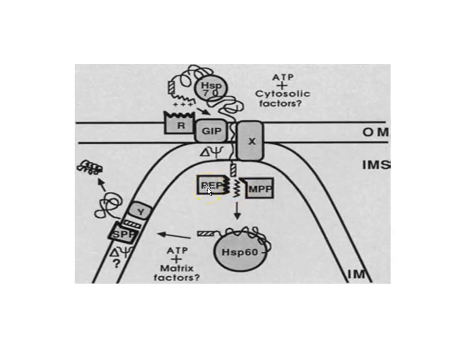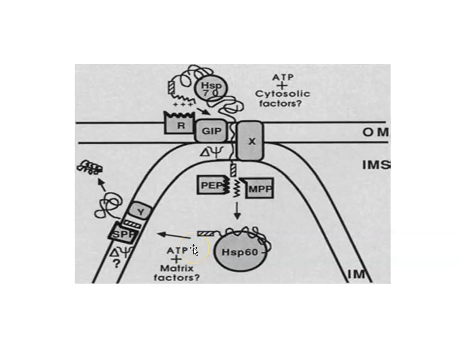Then the newly imported precursor, this one, associates in an unfolded conformation with the heat shock protein HSP60, this one, right? So these matrix proteins fold at HSP60, this heat shock protein, in an ATP dependent reaction.